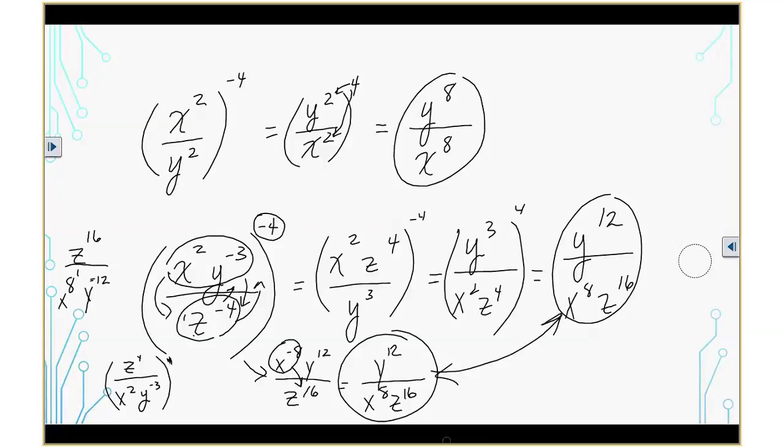Now I gotta do some more work on this, get this one to come out right, but it has to do with this y to the 12th. Anyway, I would do it one of these two ways. Those two are the answers. I still gotta go over this. I think I made a mistake over here, because that should be a negative 16 and then flip it. It's supposed to be on the bottom. This is supposed to be a negative. Somewhere I messed up.